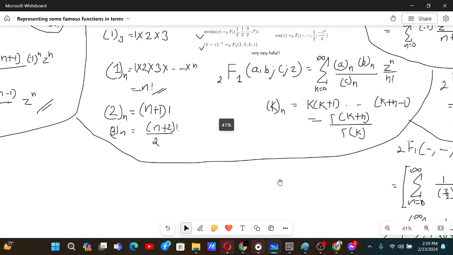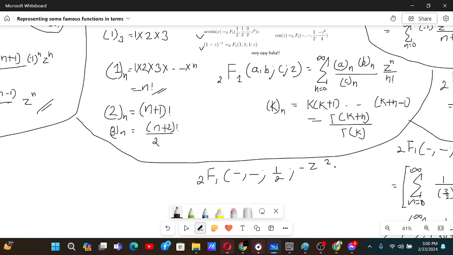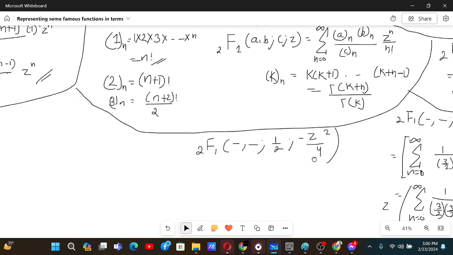Now the last one is of cos. Okay, so for cos, you know, it's 2F1 dash 1 by 2, and then minus g square by 4. Okay, so now let's do it as well.